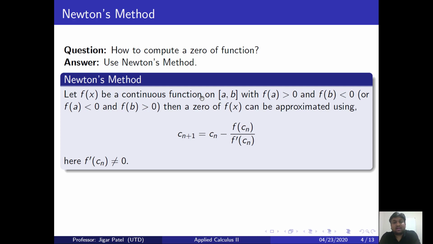Let f of x be a continuous function on interval a to b, and suppose your function changes sign from positive to negative or negative to positive. Remember, this is a necessary condition.